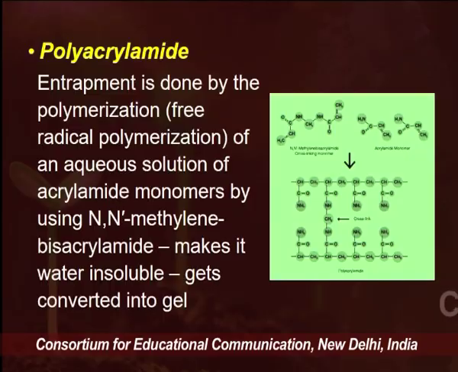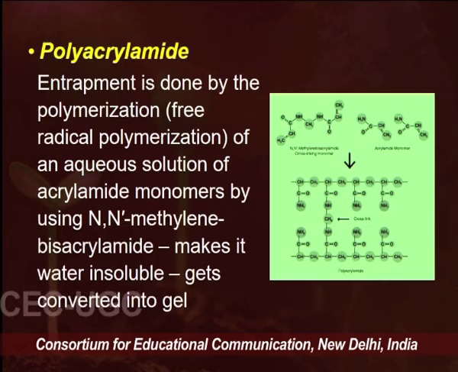Polyacrylamide is one of the most widely used synthetic polymers for immobilization. For using this polymer, first we have to polymerize the monomeric acrylamide molecules. So we can say that entrapment is done by polymerization of an aqueous solution of acrylamide monomers, and for this we use certain cross-linking agents.